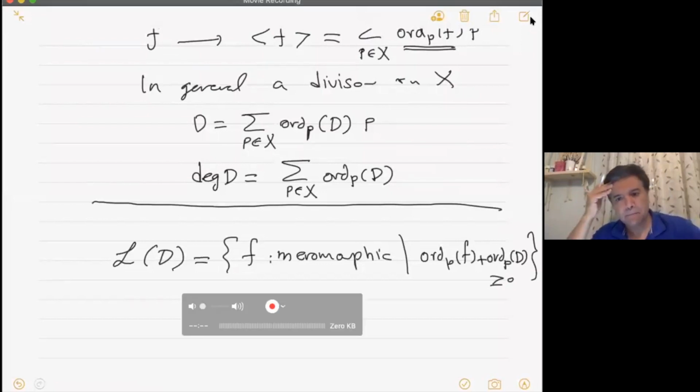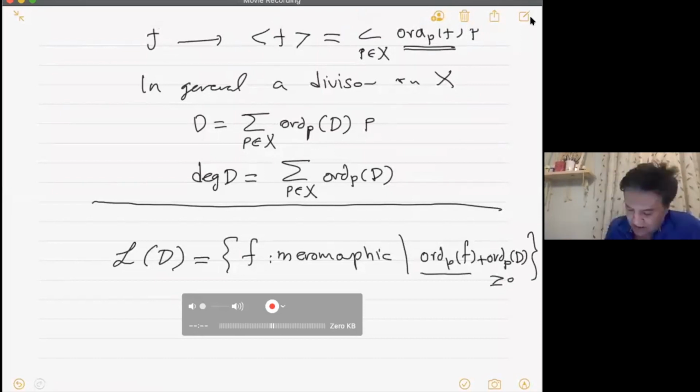Okay. So it means that the order of zeros and poles of f are somehow described or determined by the coefficients, the multiplicities inside the divisor.